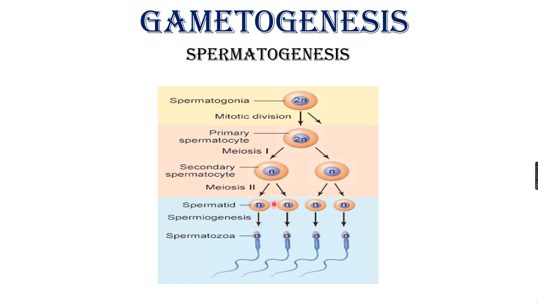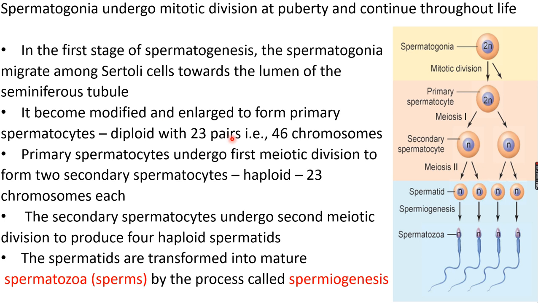The spermatids undergo a maturation process called spermiogenesis. What is spermiogenesis? The transformation of spermatids into mature spermatozoa is called spermiogenesis. The same steps are explained here.